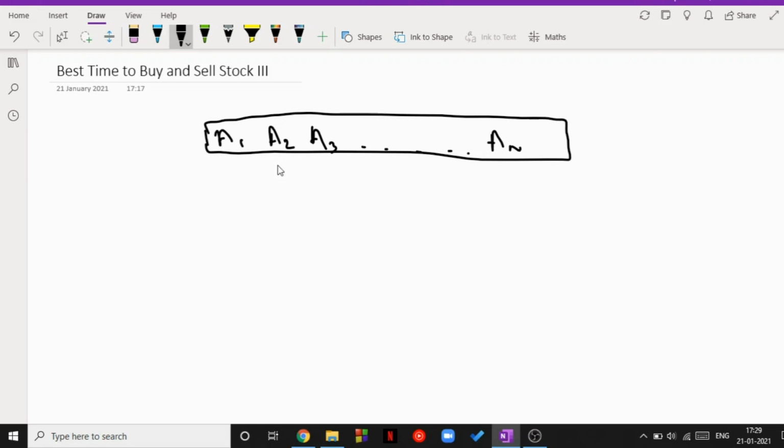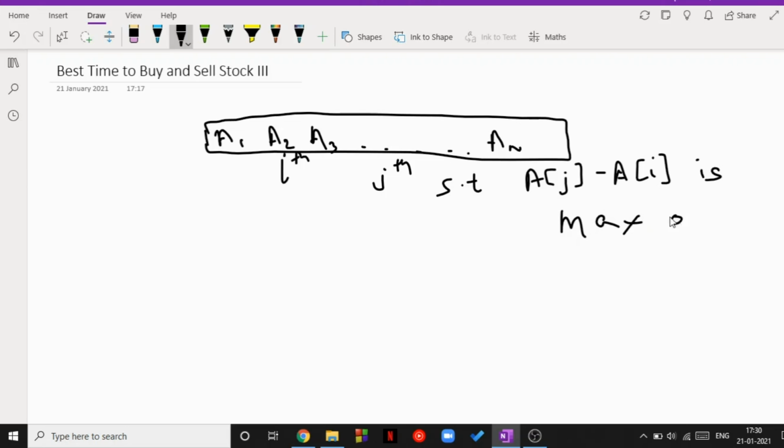So basically you have to buy a stock on the ith day and sell it on the jth day such that a[j] minus a[i] is maximum over all (i, j) pairs. Here j is more than i.